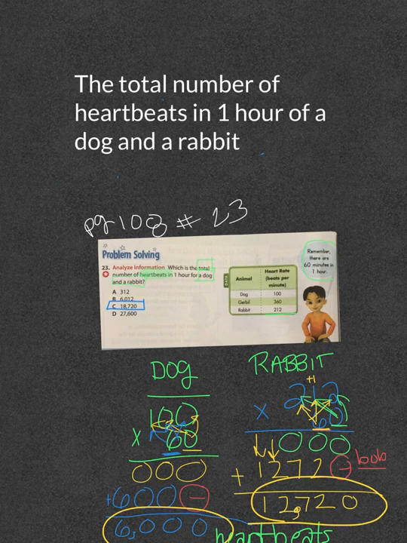The total number of heartbeats in 1 hour of a dog and a rabbit is, and then our answer, which is 18,720. And a period, not a colon.